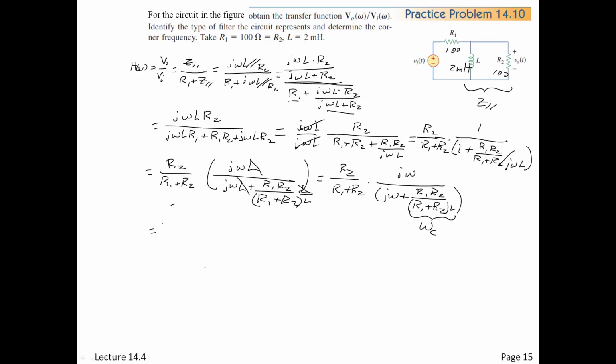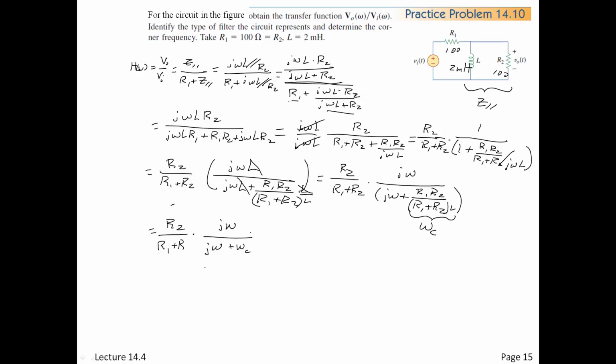So what do we have for corner frequencies? It looks like we've got R2 over R1 plus R2 times J omega, so that's a simple 0 over J omega plus omega c. If we go with this definition here, that's the parallel combination of R1 and R2.